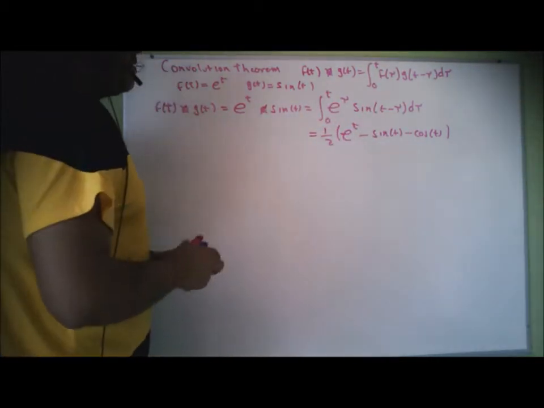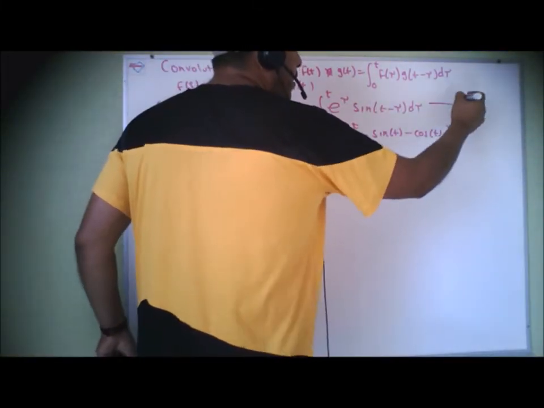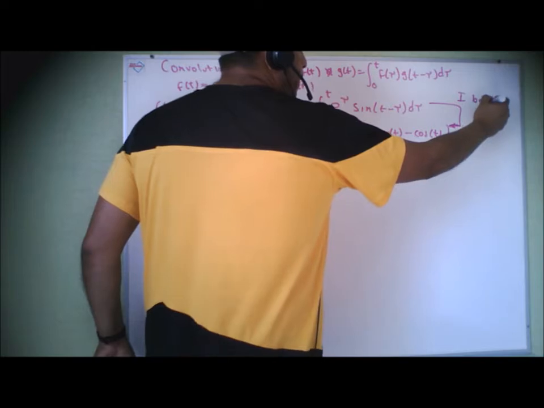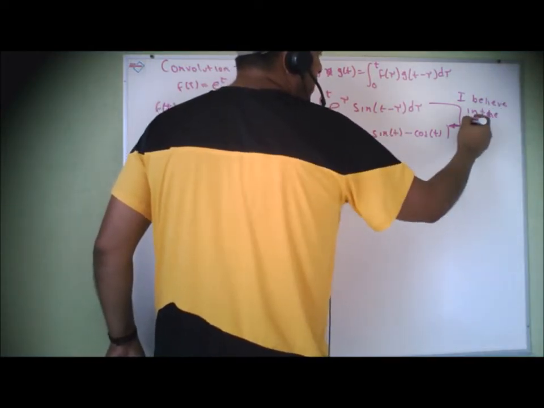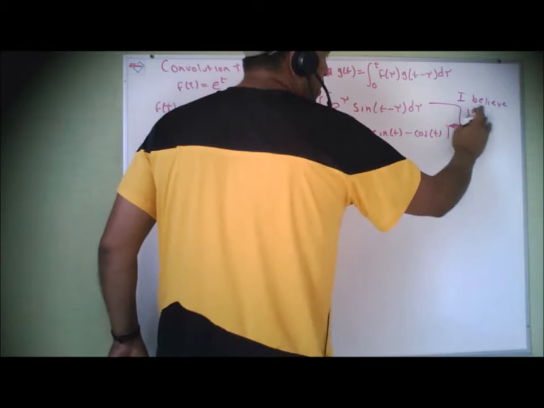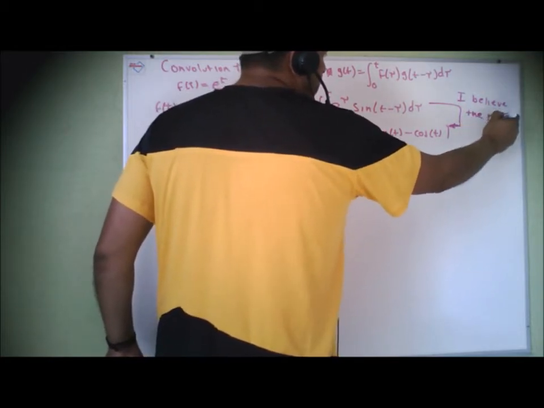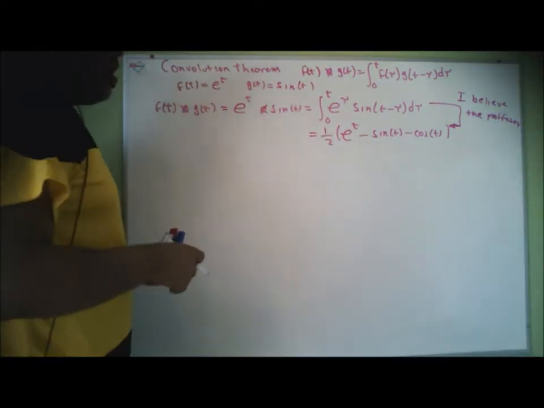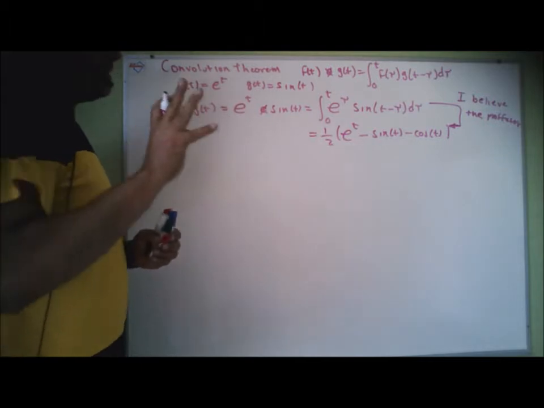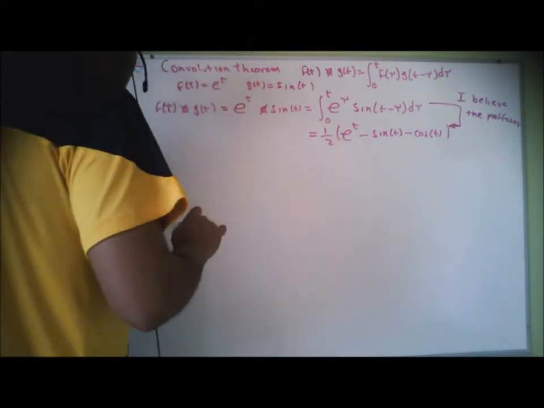Now, the result of this, you have to believe me. I believe the professor. Okay, now, what I want you to focus on is this characteristic, and this is why we are going to see the convolution theorem.